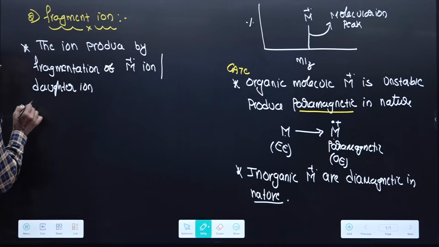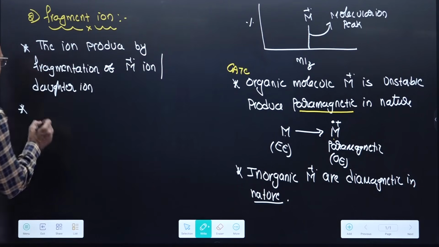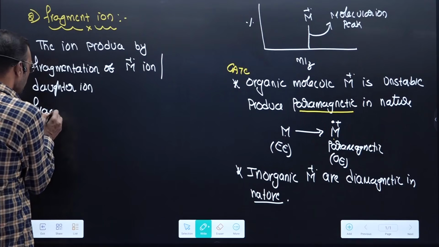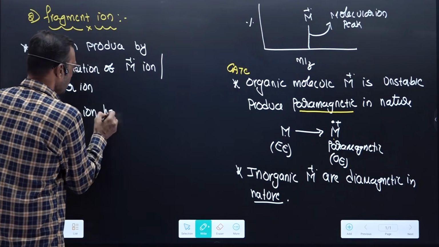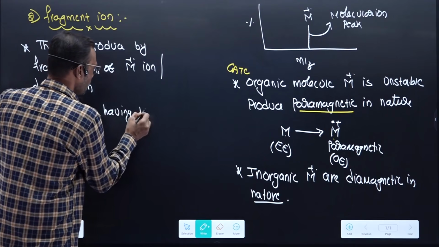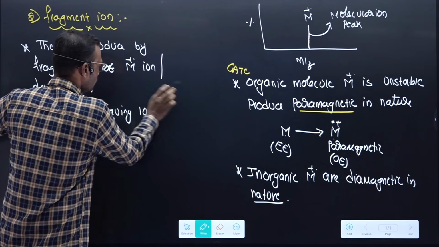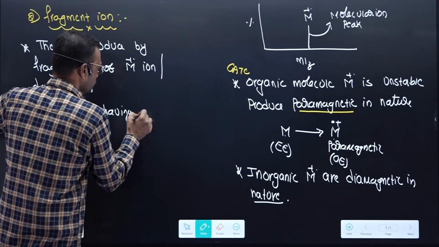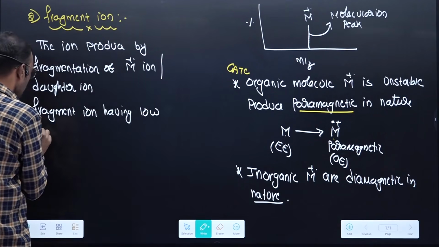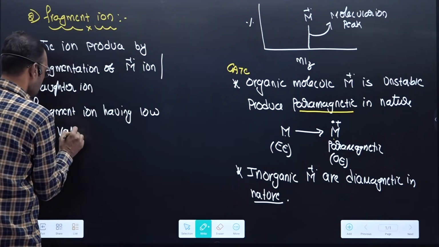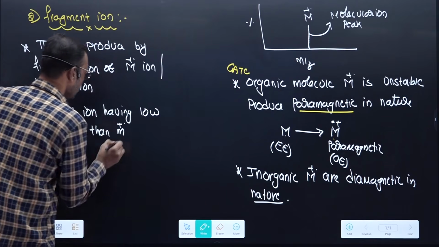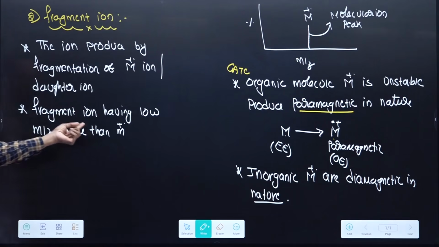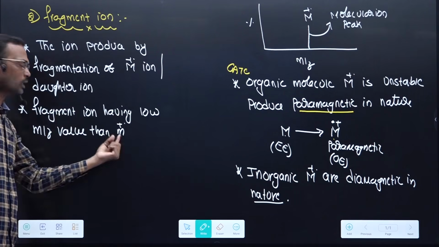Okay, so this fragment ion, always remember, the fragment ion has a lower m/z value. They have a lower m/z value than the molecular ion.